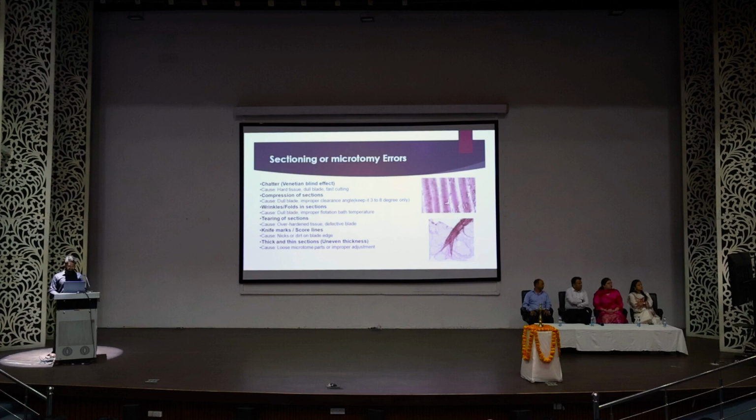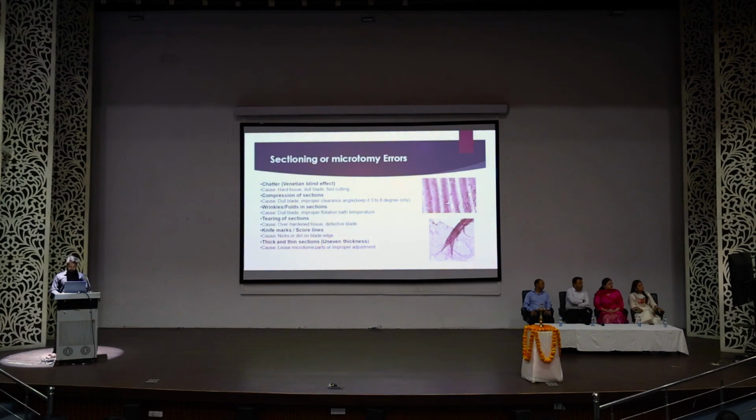The other problem we face is tearing of sections. The most common cause is overhardening of tissue or defective blades. Another problem is knife marks or score lines. They are usually caused by dirt particles present on the front side of the blade, hard tissue, or the tip of the forceps while taking the section.